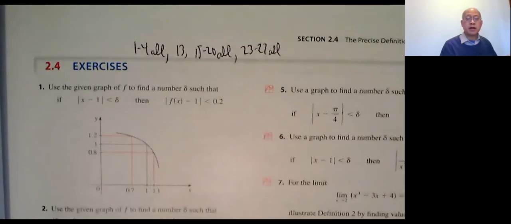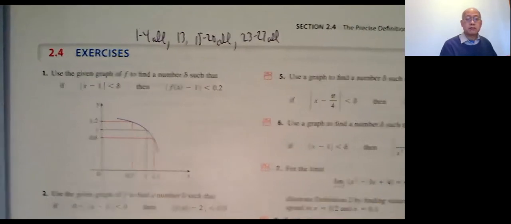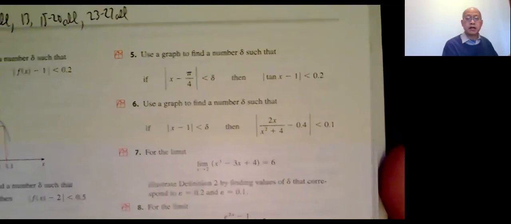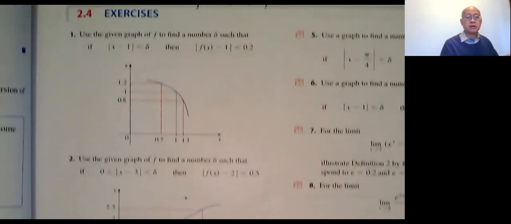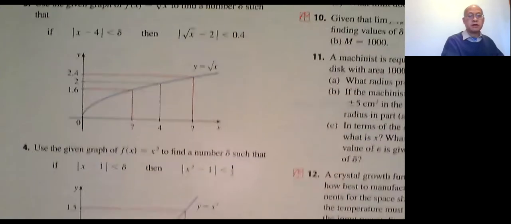Page 113. Oh yeah, so okay, let me go back to the habit of trying to show you all the problems in case some of you out there don't want to get the book and you're really planning on getting it. Okay, so 1, 2, 3, 4, 5, and 6.